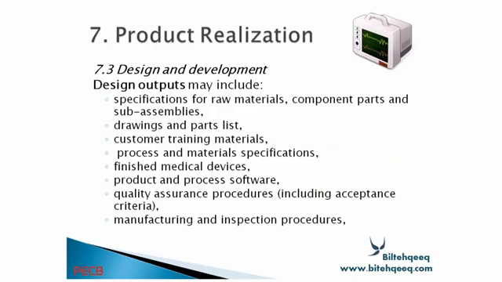And design output may include specification for the raw materials, component, parts and sub-assemblies, drawing and parts trays, customer training material, process and material specification, finished medical devices, product and process software, quality assurance procedures including acceptance criteria, manufacturing and inspection procedures.